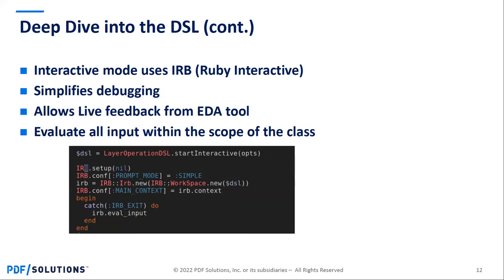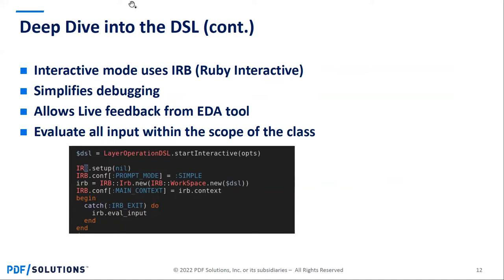Next slide. The method you would use to interact with the interactive shell from Ruby, I don't want to go too deep into that, but it's the same trick. You essentially hijack Ruby's interactive shell by defining the context in which the shell should evaluate your commands, and you give it essentially your DSL.